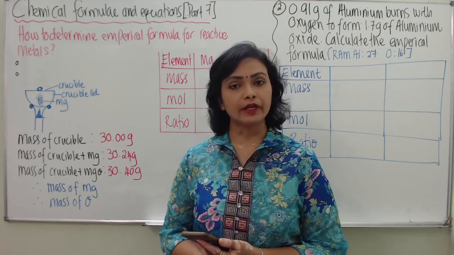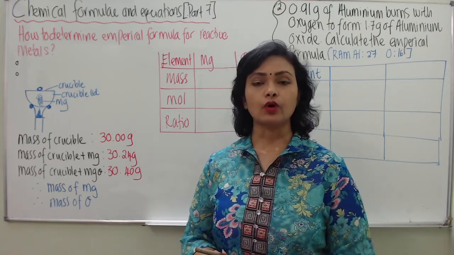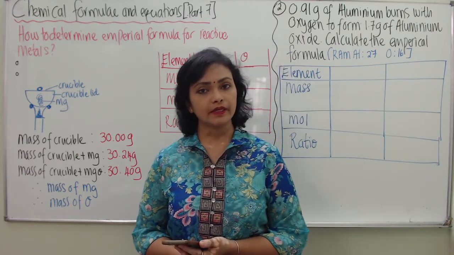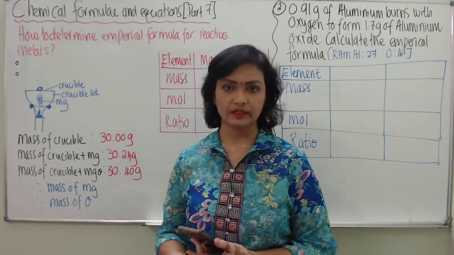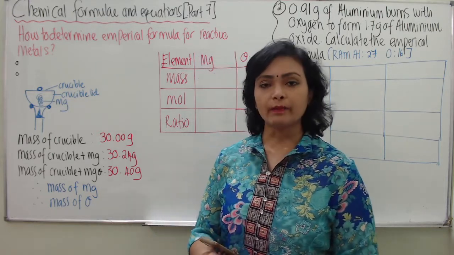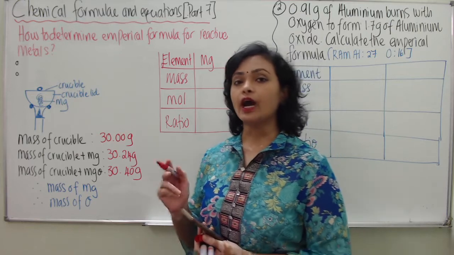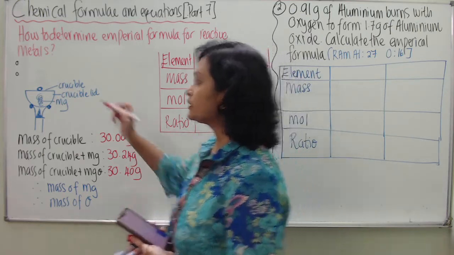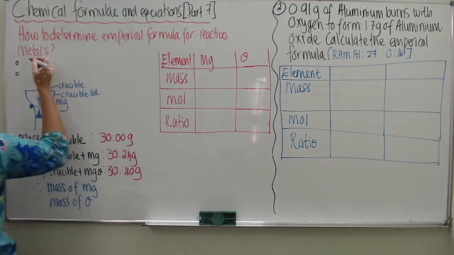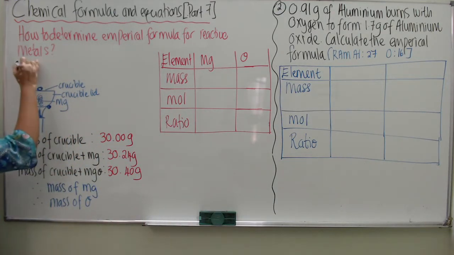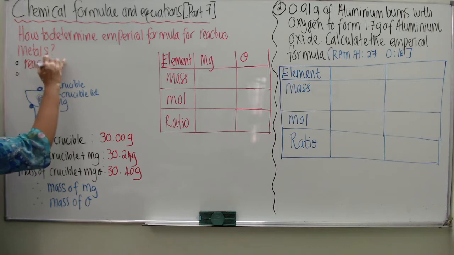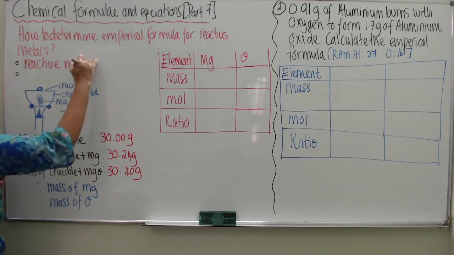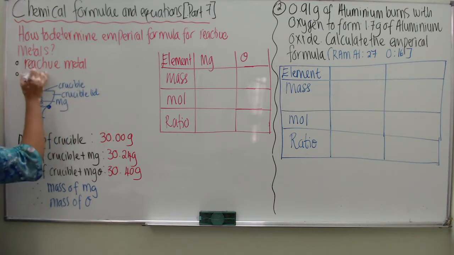Empirical formula can be determined using two methods, and the method we are going to discuss today is the method to determine the empirical formula of reactive metals. So what are the reactive metals?